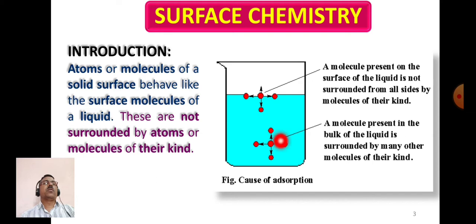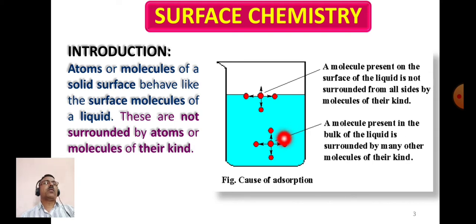Whereas if we consider the molecule of the liquid which is at the interior or the middle part, this particular molecule is surrounded from all sides by molecules or atoms of its own kind.